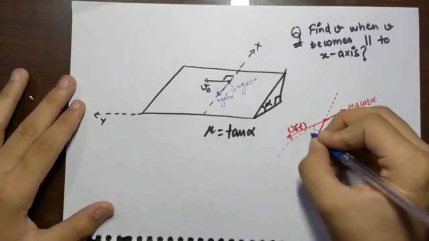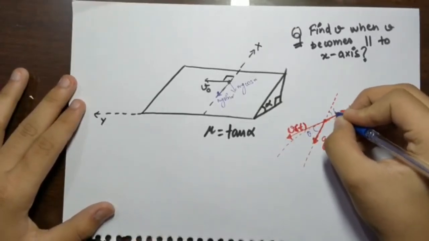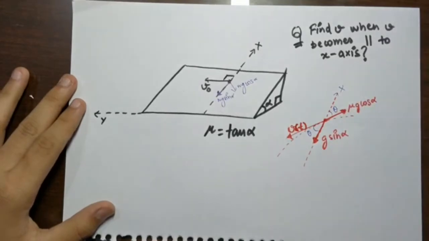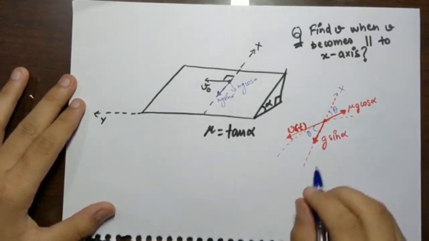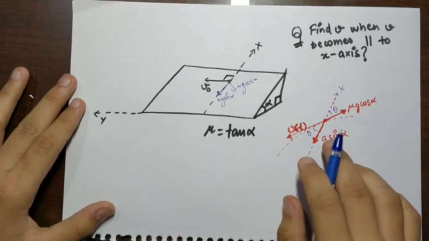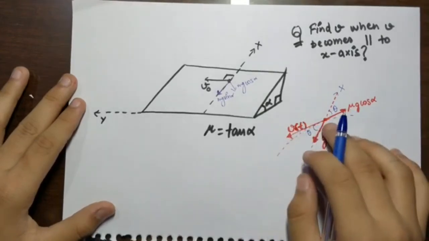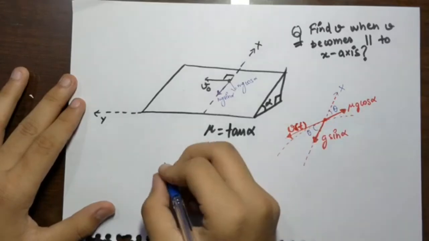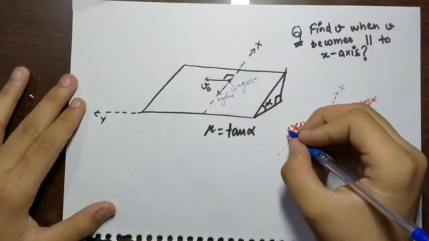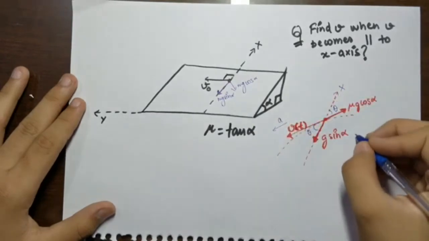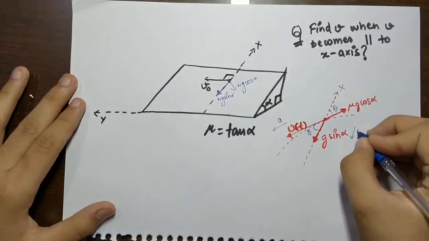If I assume this angle to be theta, this would also be theta, and this is the direction parallel to the x-axis. If I take the component of g sine alpha in the direction in which it is moving at the instant t, let me assume that the net acceleration in this direction is a, and in the x direction it's ax.